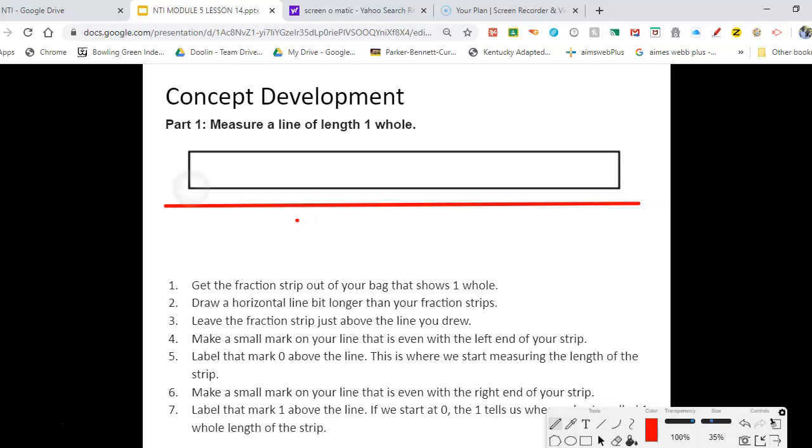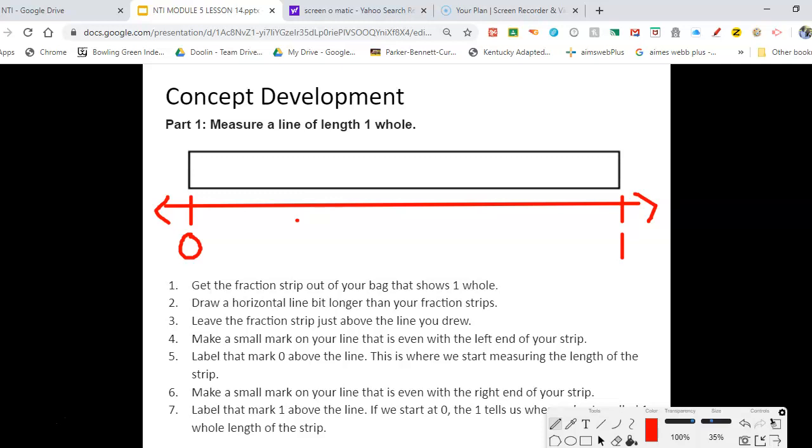So right here is where it would be, and then this end would go right here. That end point would go right there. So label the mark right here as 0 and this as 1. Now this arrow shows that our number line goes on and on and on and on.